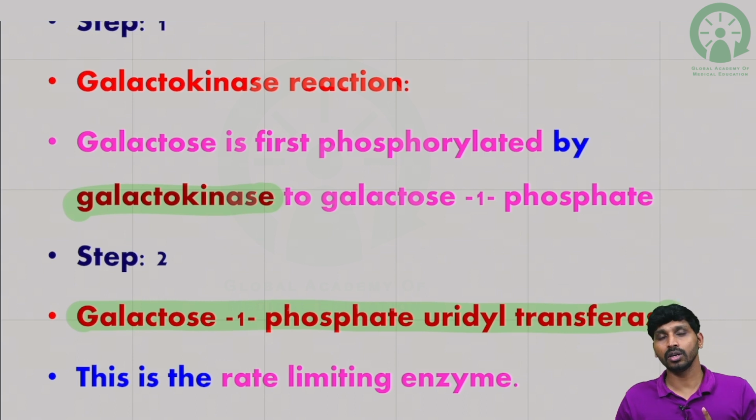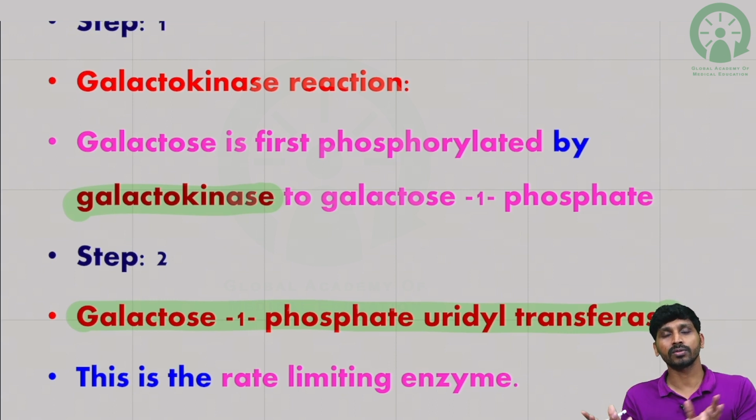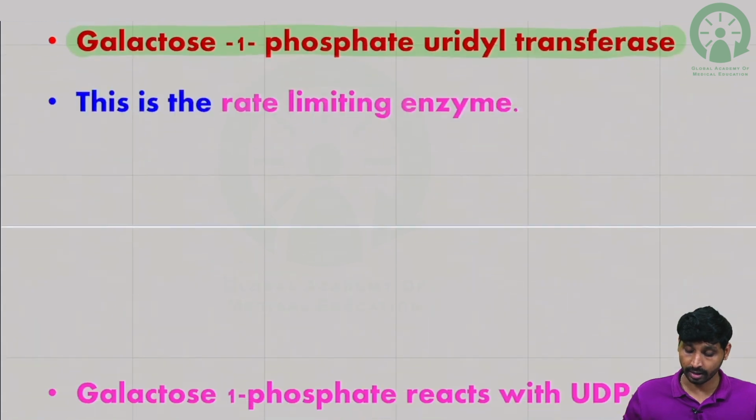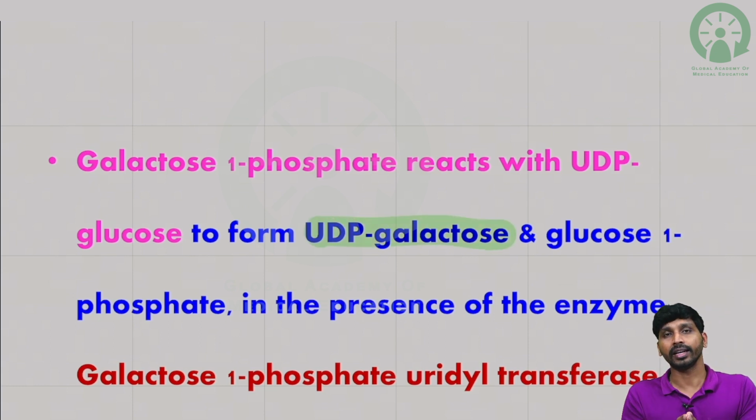This step is similar to glycogen synthesis, where UTP and glucose 1-phosphate combine to form UDP glucose, and pyrophosphate is released. In the same way, galactose 1-phosphate reacts with UDP glucose to form UDP galactose and glucose 1-phosphate. So here it is not UTP directly, but UDP glucose.